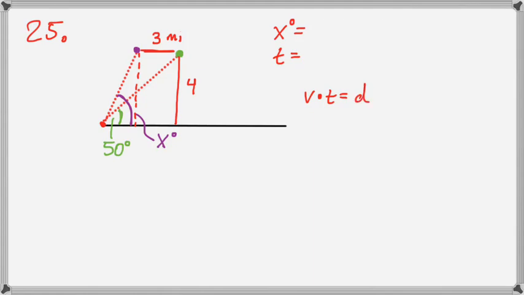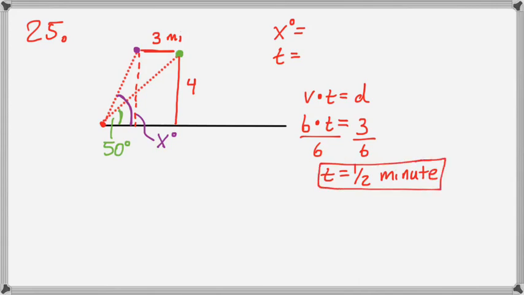So if my displacement was 3, and I know the velocity is 6, I can solve for t by dividing both sides by 6. And so t is equal to 1/2 of a minute, or 30 seconds. All right, so I found that t is 1/2.